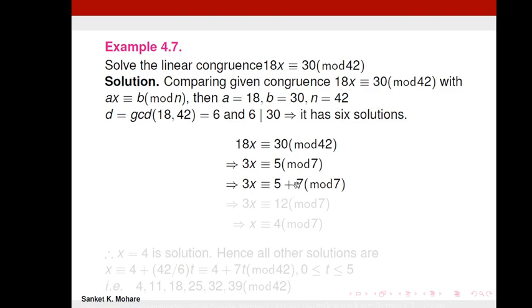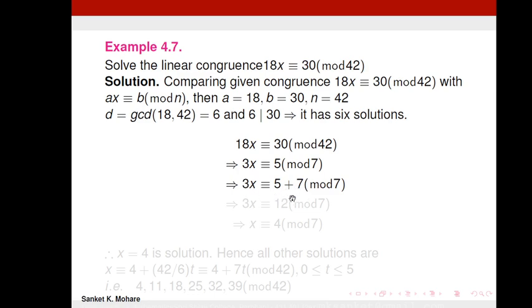Here we add 7 to 5 so that 3 divides this sum. Why did we add 7? Because 3 should divide this. Here we have to add 7 or a multiple of 7 until 3 divides this sum.